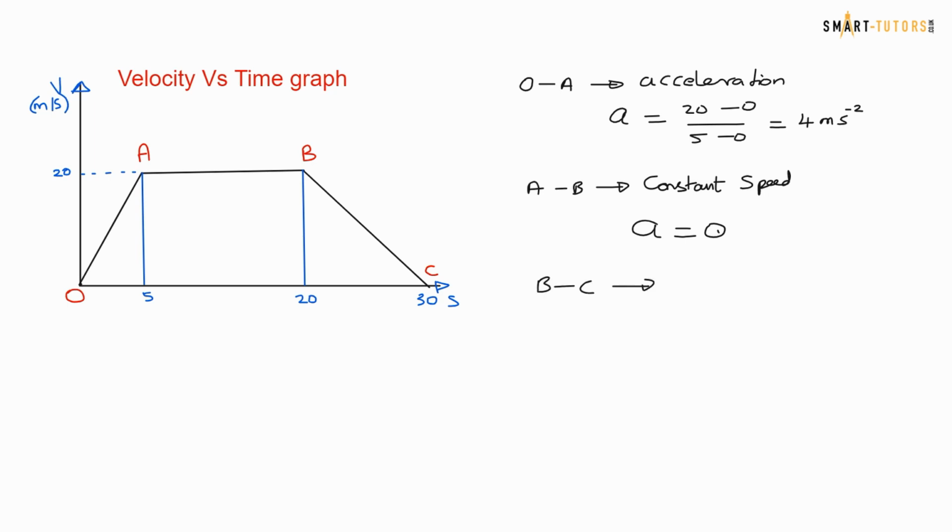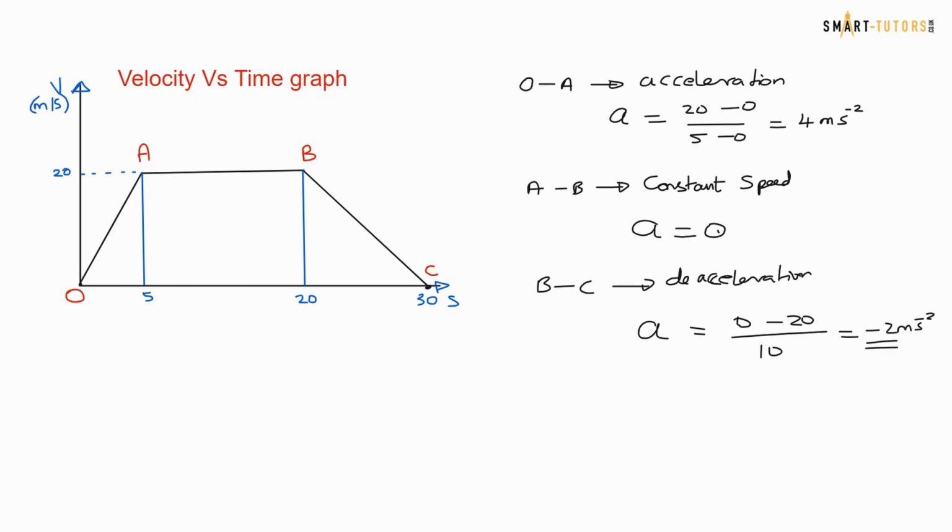So deceleration. So deceleration or deacceleration means you are slowing down. So you're coming to the rest. So the acceleration is 0 minus 20 divided by 10 seconds, which is minus 2 meter second minus 2.